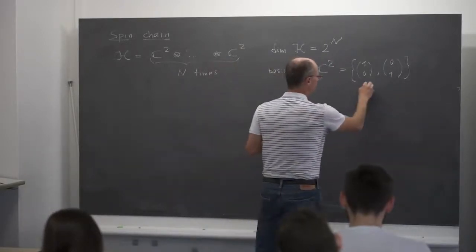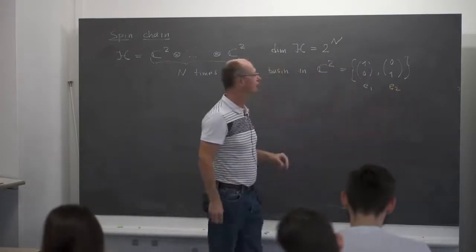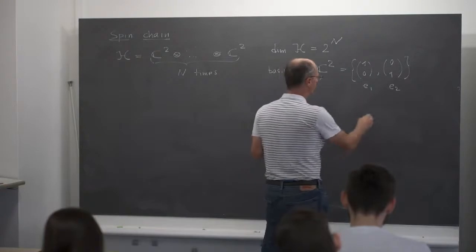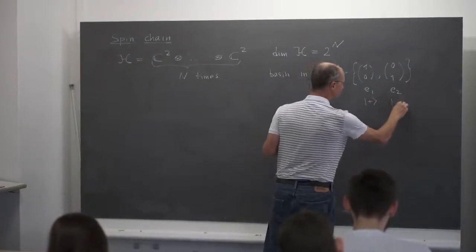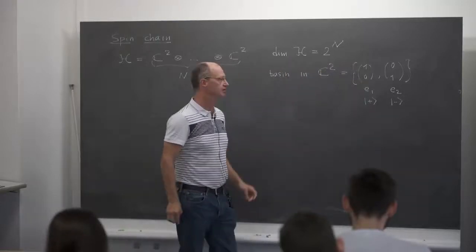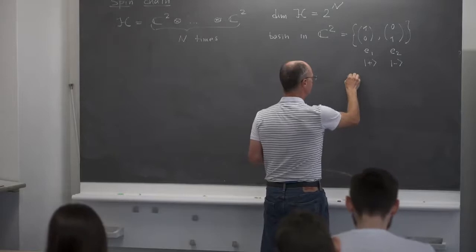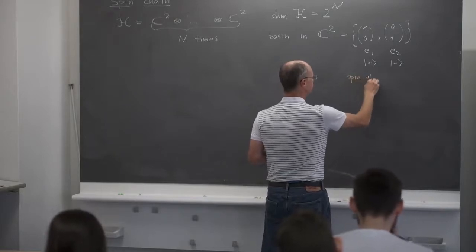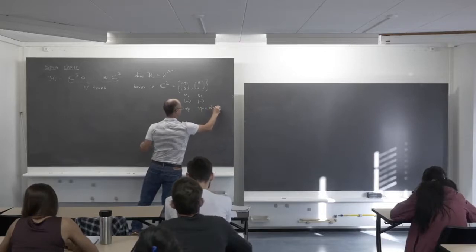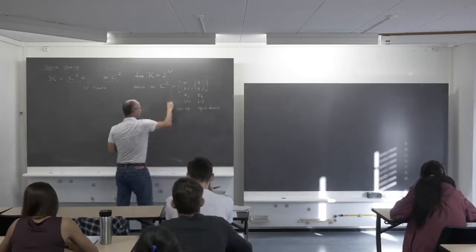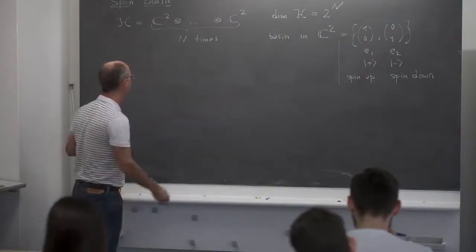Sometimes we'll be using the notation E1, E2 for those two vectors, or sometimes the physics style notation, maybe like plus and minus, or in words, sometimes one says spin up, spin down. Whatever it is, it stands for the same basis.